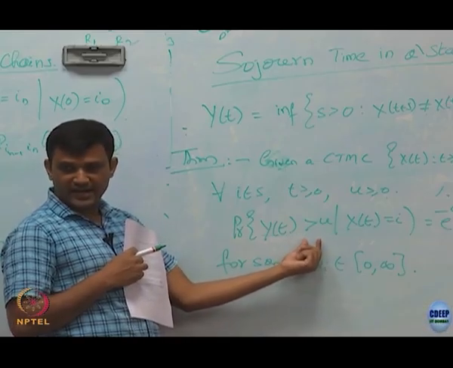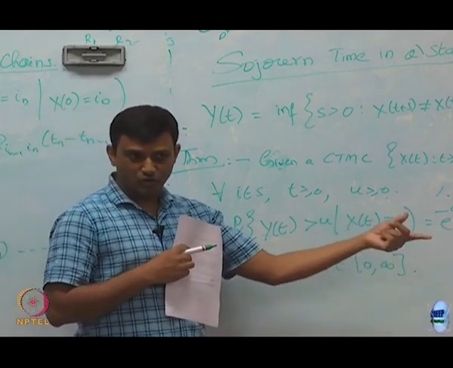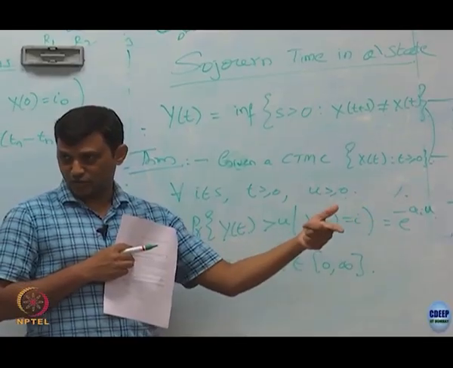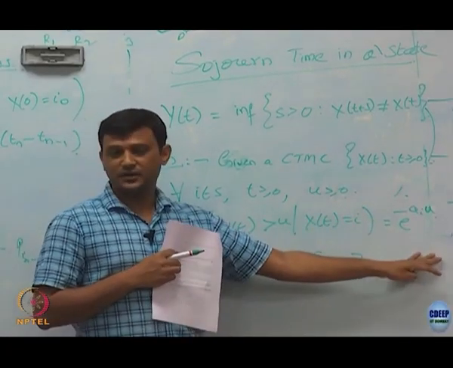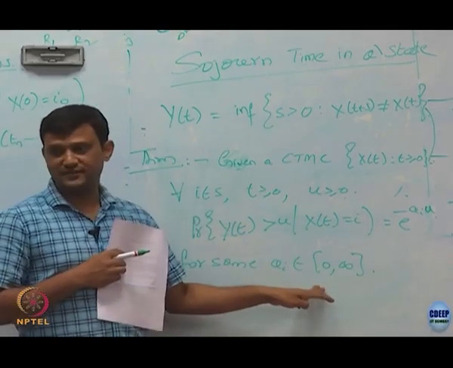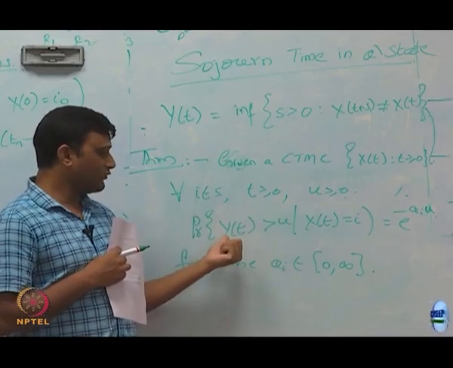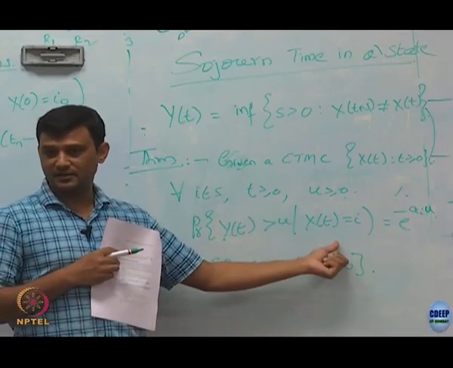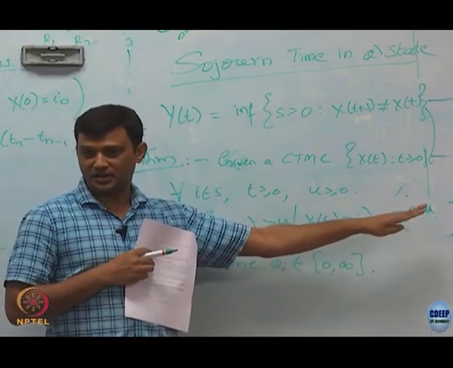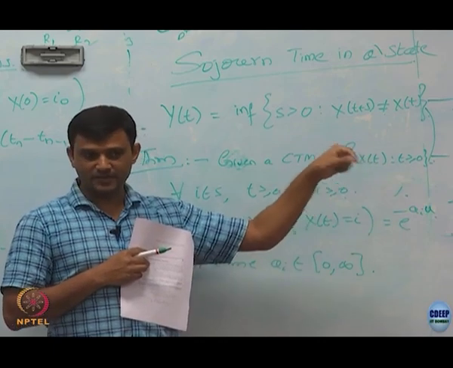The probability that it is going to stay in that state i for at least u more units is going to be e to the power minus a_i u, for some a_i which is a positive real number. So what is the distribution of Y_t? Conditional on X_t equals i, it is going to be exponentially distributed with some a_i, which is a function of that state which your process has taken at time t.